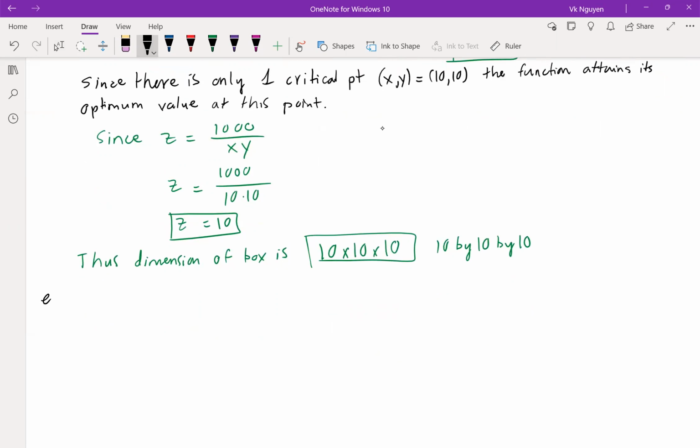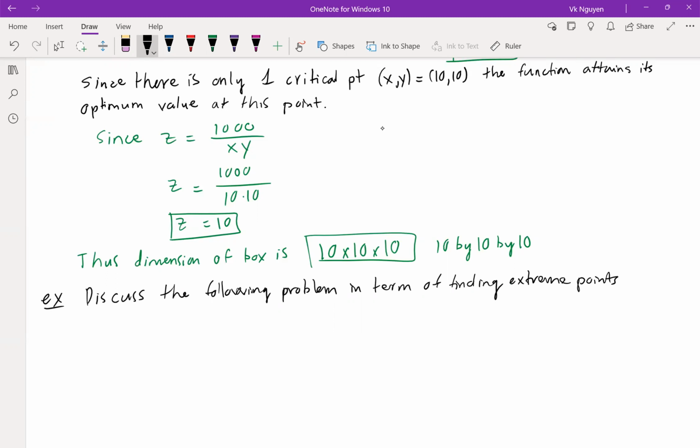Another problem here. We're going to discuss the following problem in terms of finding extreme points.